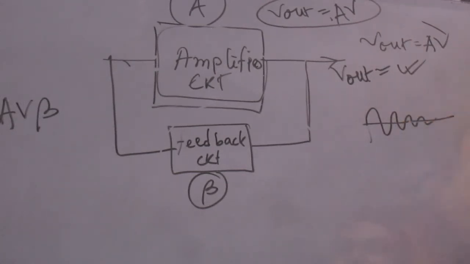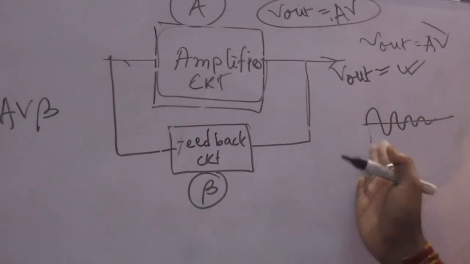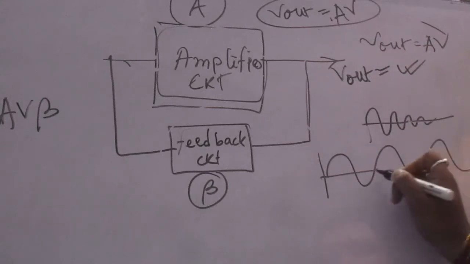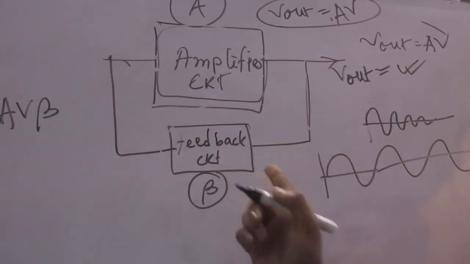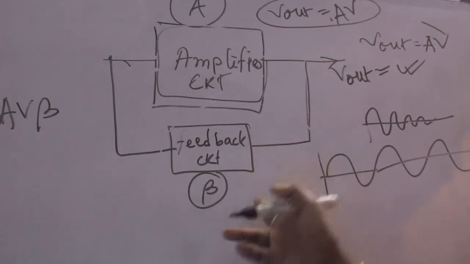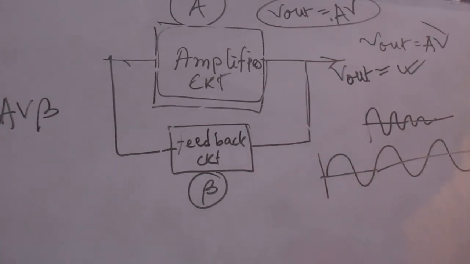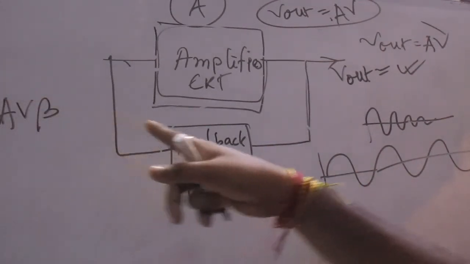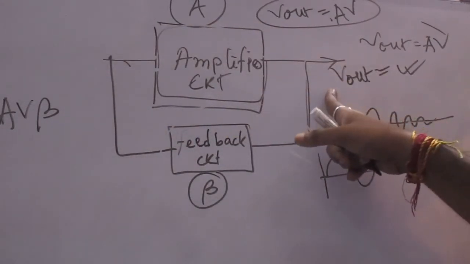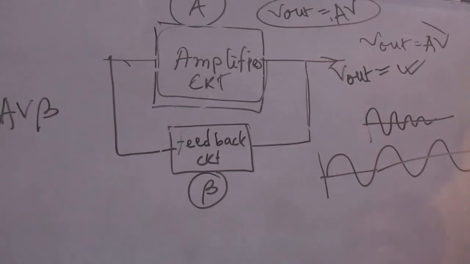This will decrease and this is not desired. So to obtain a sustained oscillation, we have to use the feedback circuit, whose feedback factor is beta, and due to the use of this feedback factor, the input becomes A V beta, and this goes to the amplifier circuit and a new output voltage is obtained. So this is the reason behind the use of the feedback circuit.